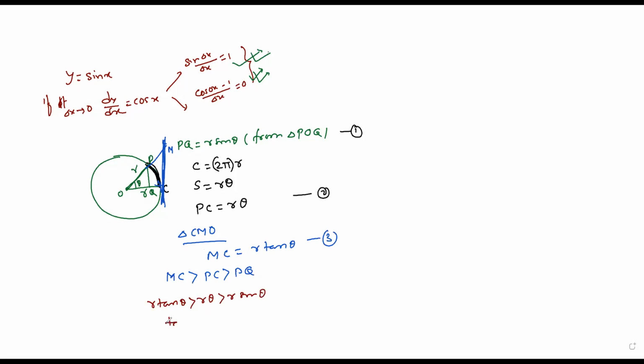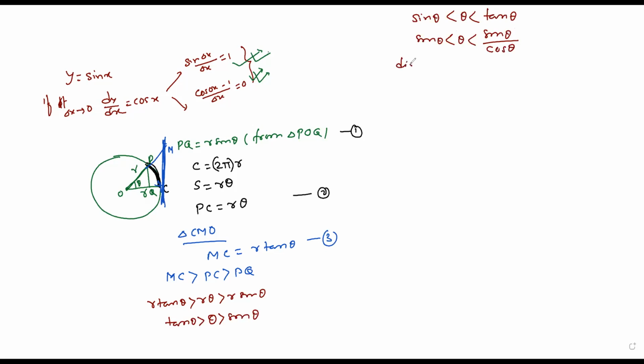Then we can write tan theta is greater than theta is greater than sin theta. Tan theta can be written as sin theta by cos theta.